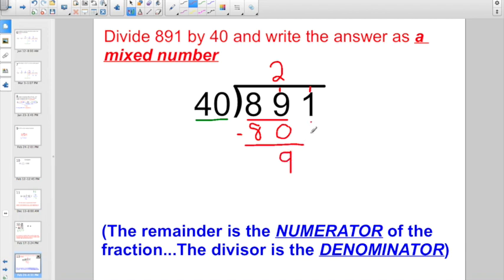Bring down my next number, and I'm ready to divide all over again. 40 goes into 91 this time. 2 times again, multiplies back for 80, and it's going to subtract to 11. But I'm not going to write R11 because they want the answer as a mixed number. The remainder, 11, is your numerator. Your divisor, 40, is your denominator: 22 and 11/40.